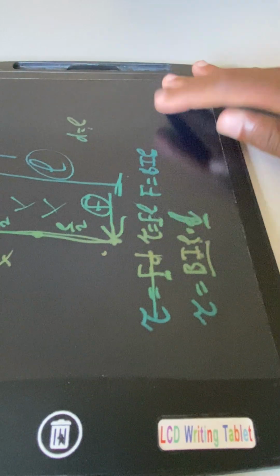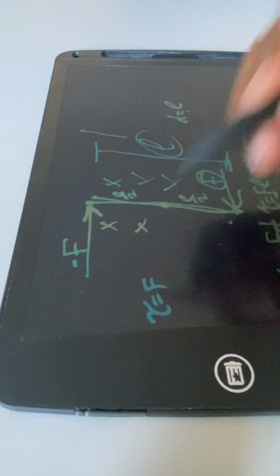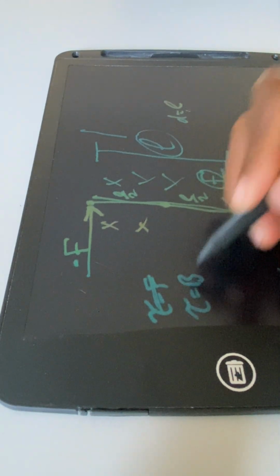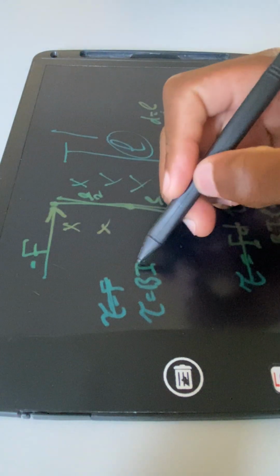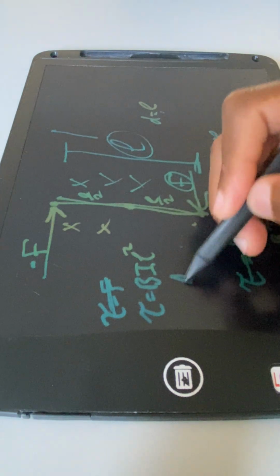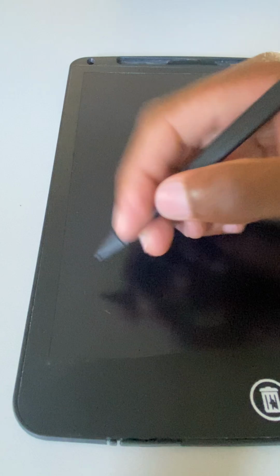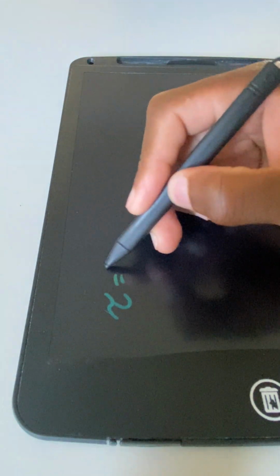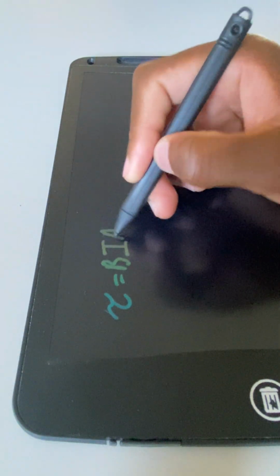So tau equals BI L squared, and we know that the area is L squared, which means the torque around the current conductor is the magnetic field intensity times the current times the area of the wire.